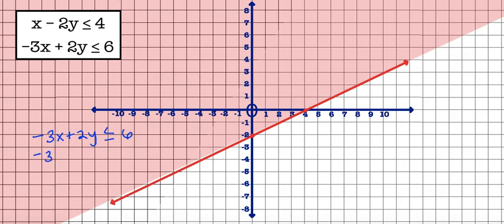So negative 3 times 0 plus 2y is less than or equal to 6. This cancels out. So 2y is less than or equal to 6. Divide both sides by 2. Y is less than or equal to 3. So our y-intercept is at 3.